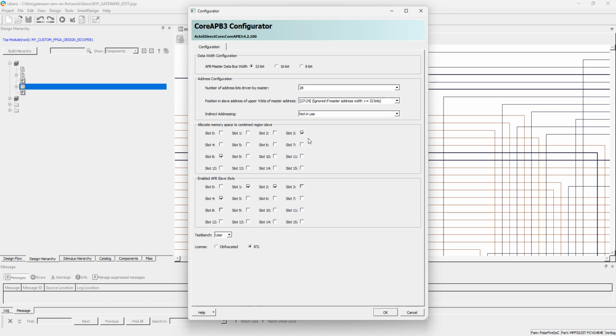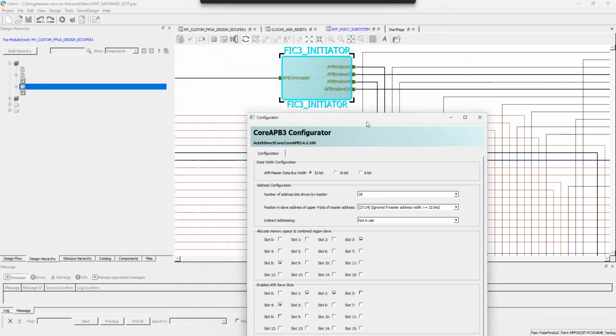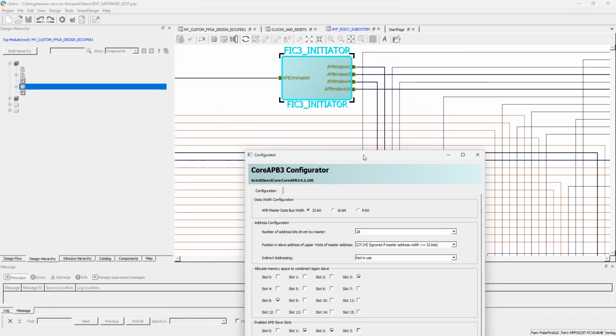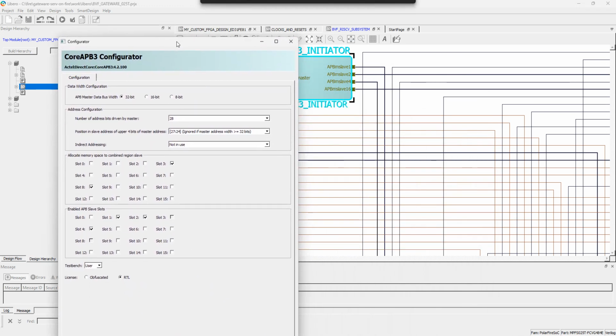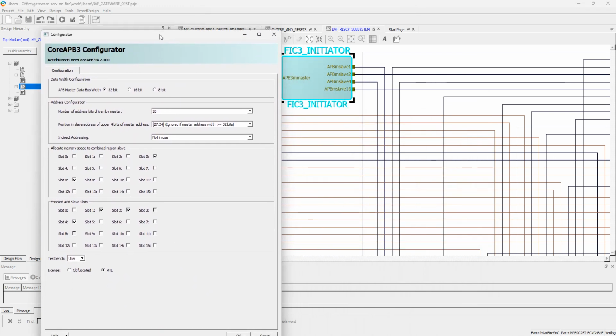Interesting. I didn't quite expect that. How does this work? So those are the slots.